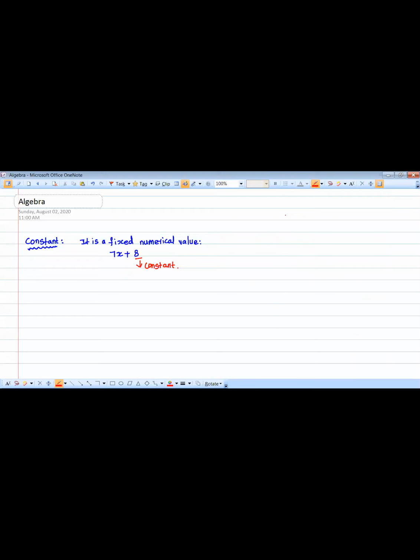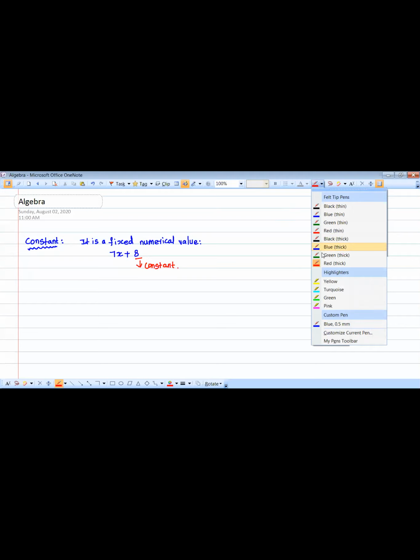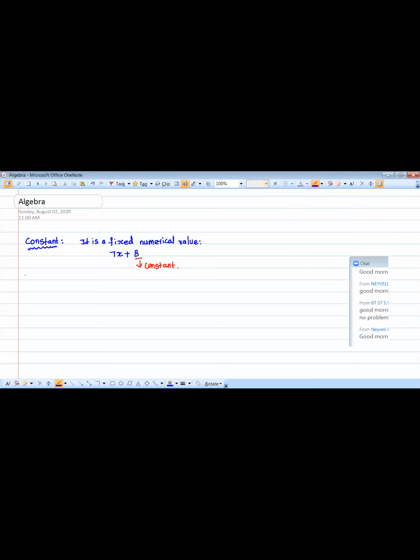The next one is a variable. Okay. Very simple. What is the next one? Variable. So what is variable?